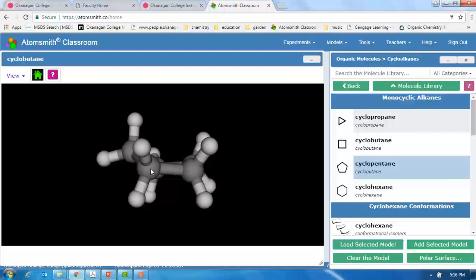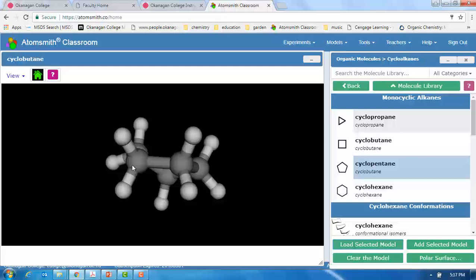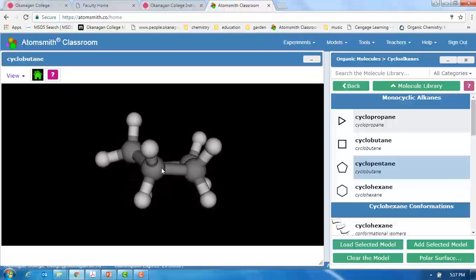However, if we look from this carbon down to this carbon, we can see clearly the carbon-hydrogen bonds on adjacent carbons are more staggered. And so overall, this envelope structure has less torsional strain compared to the planar structure. Of course, this is at a sacrifice of bond angle. So we go from a bond angle of 108 degrees down to 104 degrees.